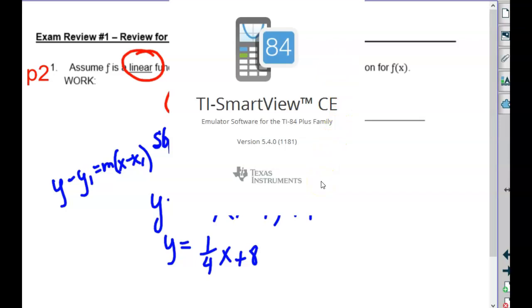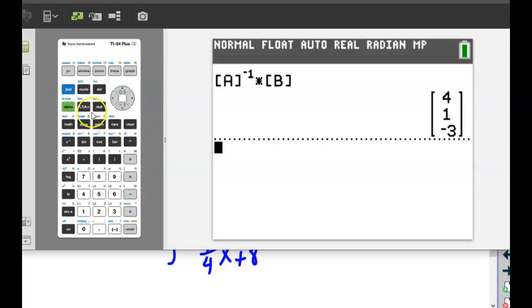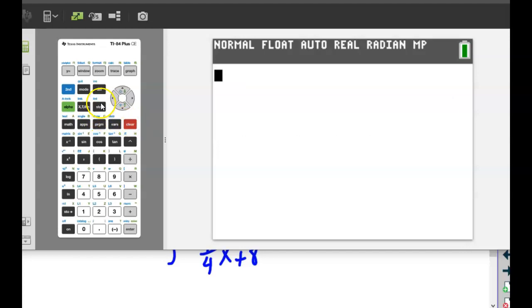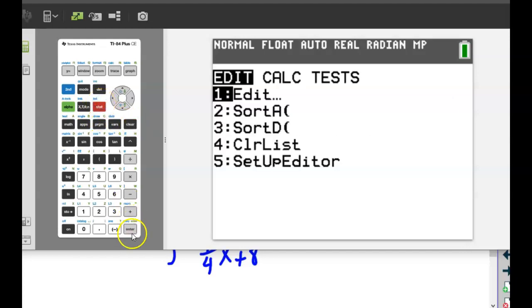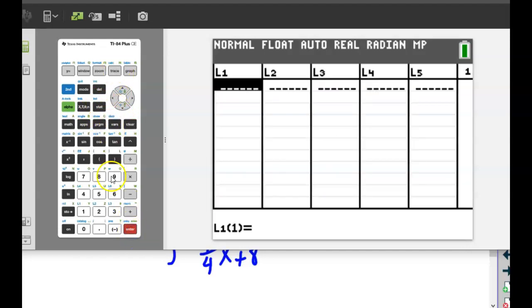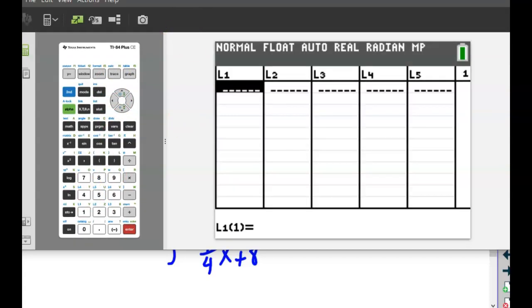How? What were the x's? 8 and 4, and the corresponding y values were?